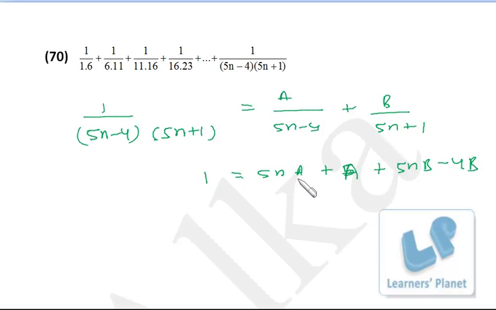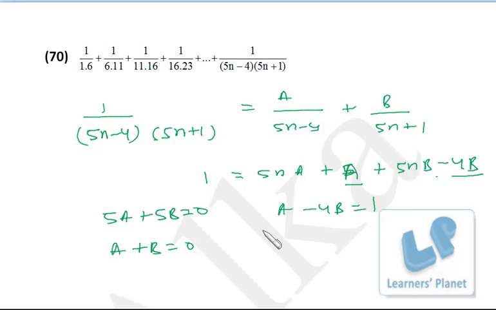So what is the coefficient of n on the left hand side? It is 5a plus 5b. So 5a plus 5b is equal to 0, or we can say a plus b is equal to 0. Then the other relation we have is the constant term, a minus 4b. So a minus 4b is equal to 1 and a plus b is equal to 0.